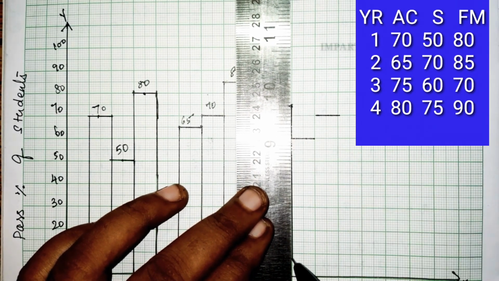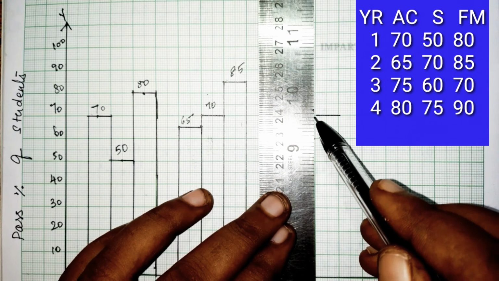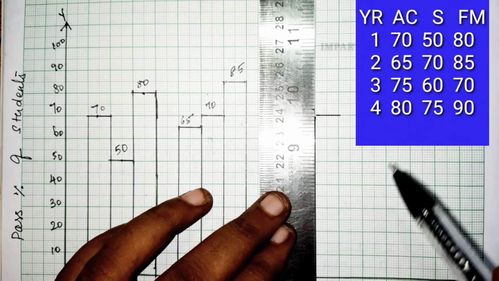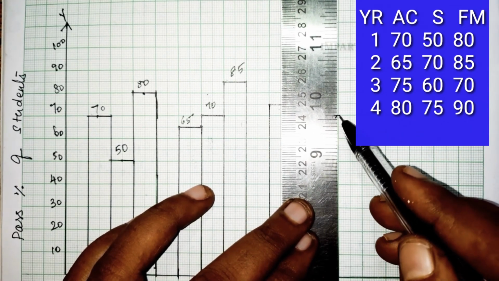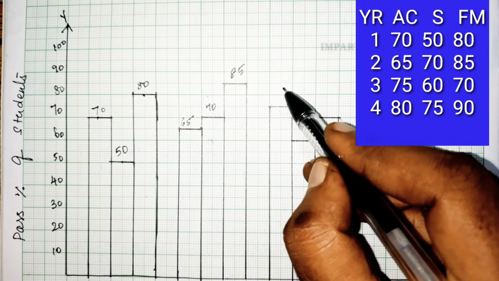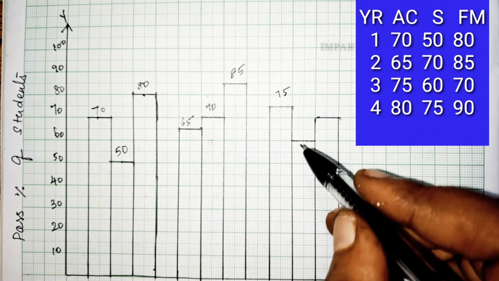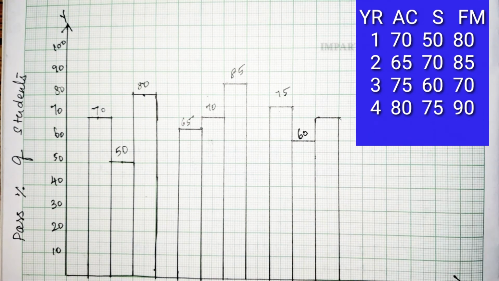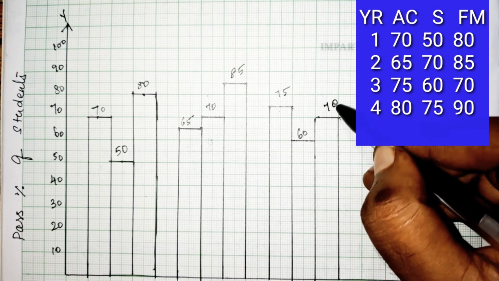You have to draw a rectangular bar. For the year 2003, pass percentage for accountancy is 75, statistics 60, finance management is 70.